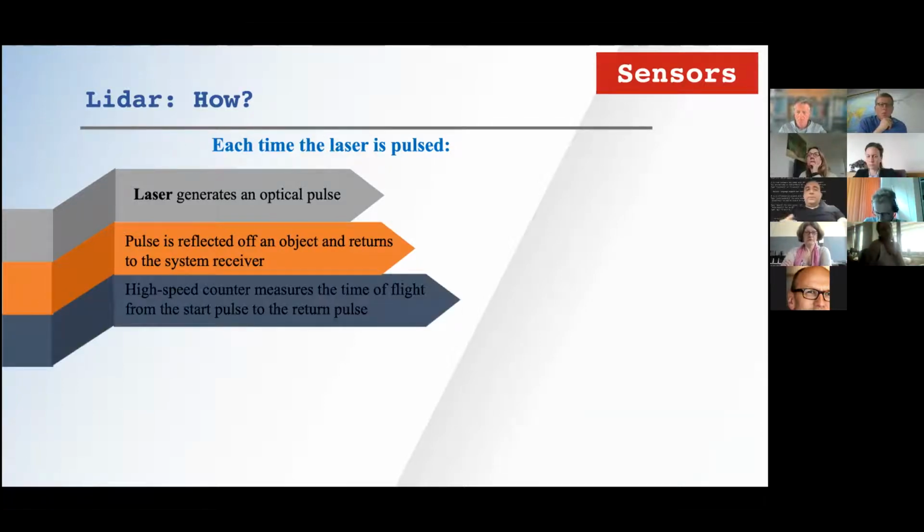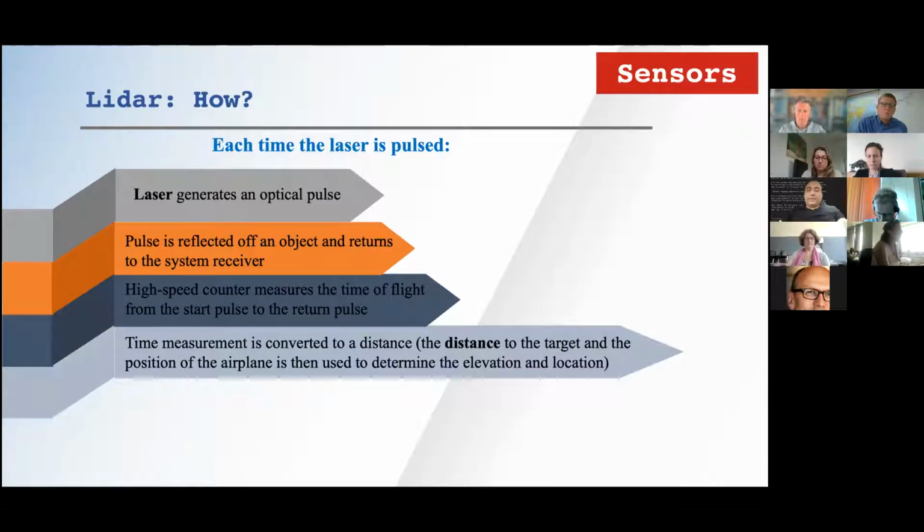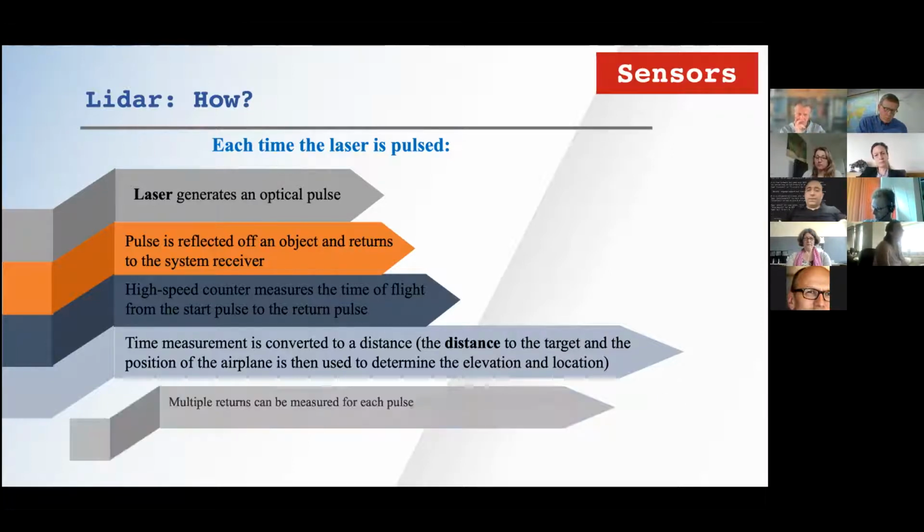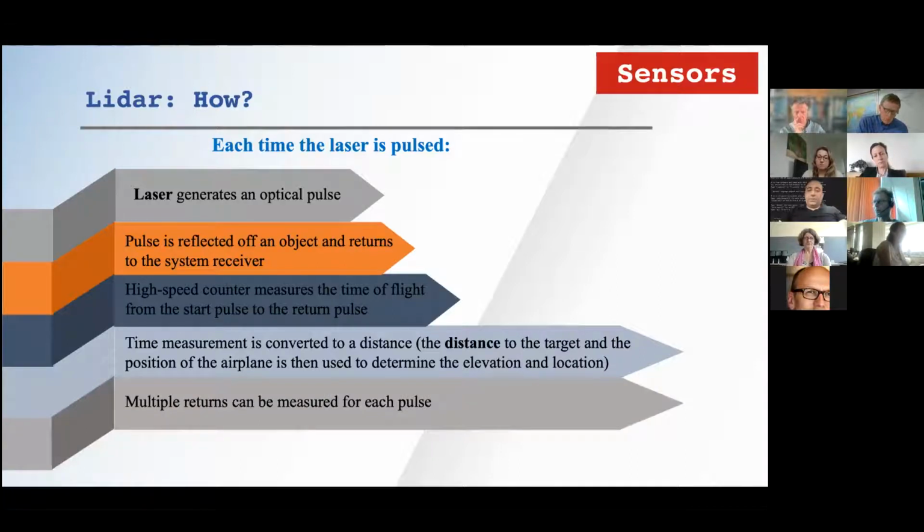Then there are sensors that try to measure the signals that have been received, and the time measurement. So we have different pulses, and the time between each pulse is also measured. So the measurement can be interpreted as the distance. One of the important pieces of information that we can have from this kind of LiDAR technology.